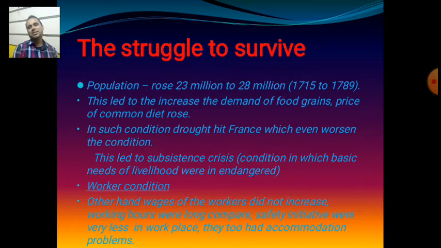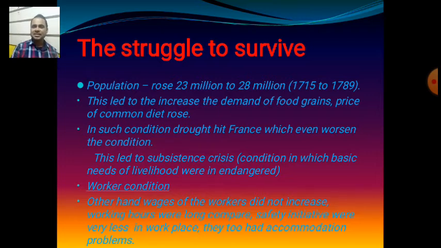There were some more reasons that made people's life tough in France. Let us compare France from 1715 to 1789. If you see the population of France in 1715, it was 23 million, and if you compare it with 1789, it was 28 million.